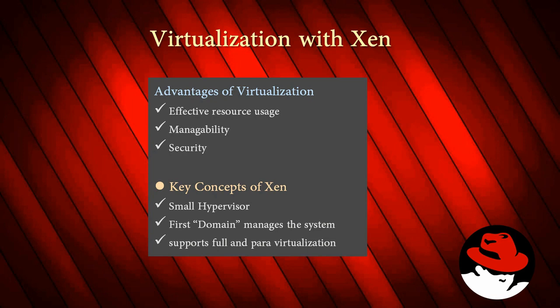Then there comes full virtualization, where Xen provides a complete machine simulation to run operating systems which do not include Xen support. Extra operations are needed to trick the virtualized operating system into believing that it is running on bare hardware, which adds overhead. As such, the performance impact of full virtualization is greater than with paravirtualization.